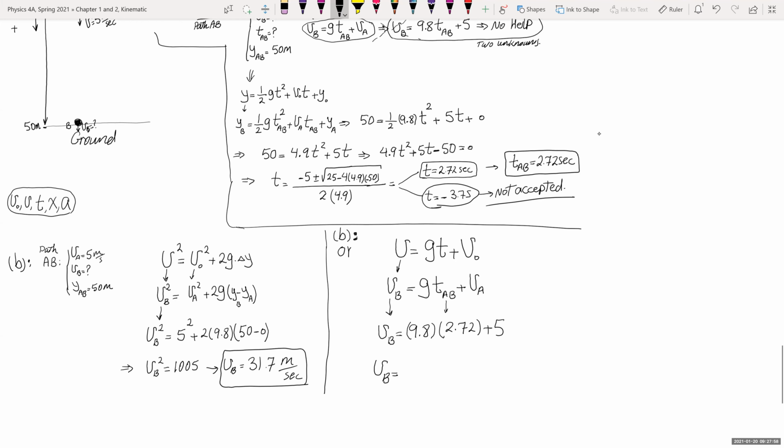So VB becomes what? I promise you it will be the same answer. If not, we did it wrong. I got 31.7 meters per second. So either way works.